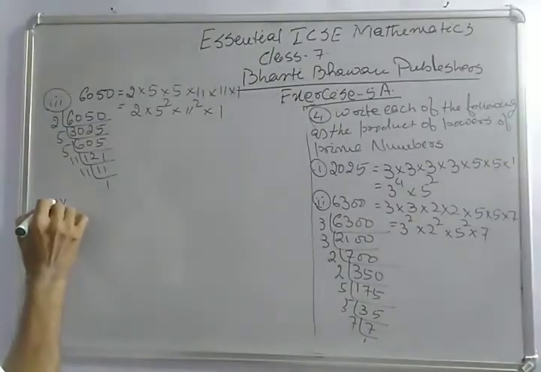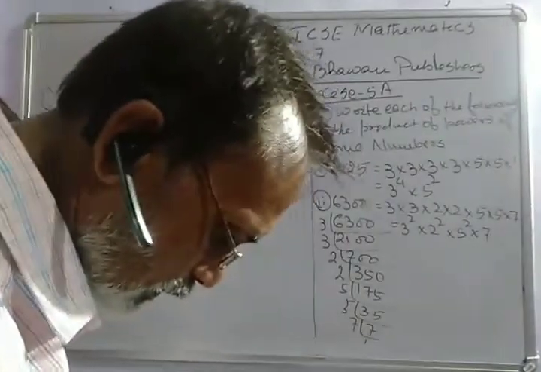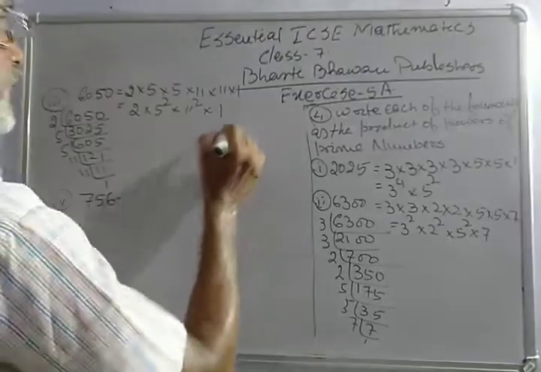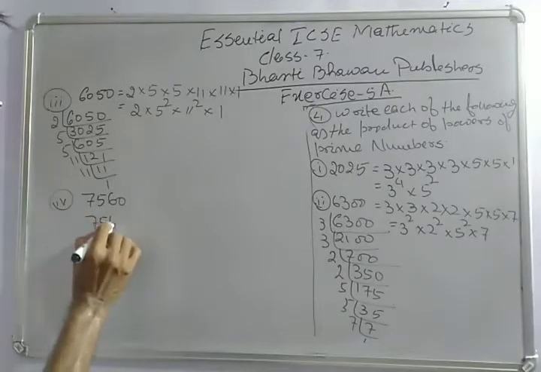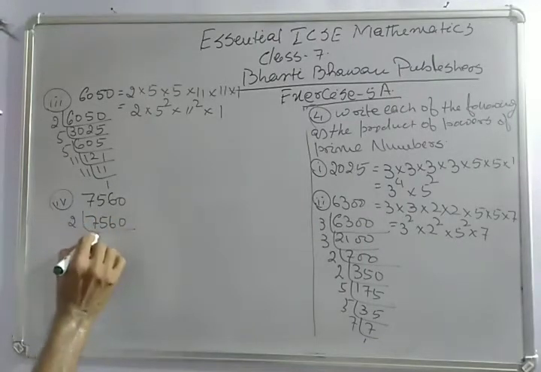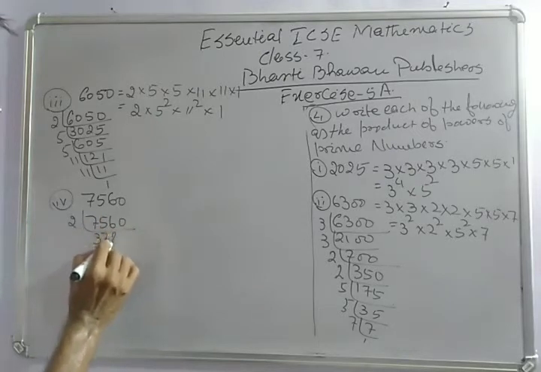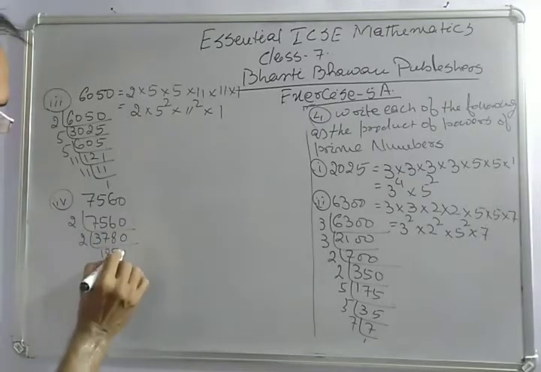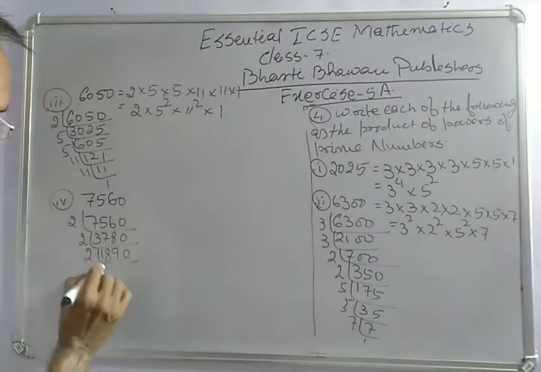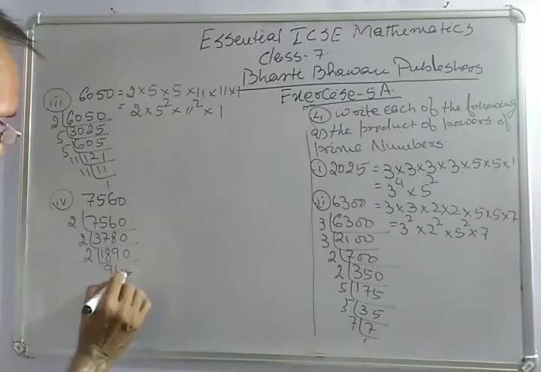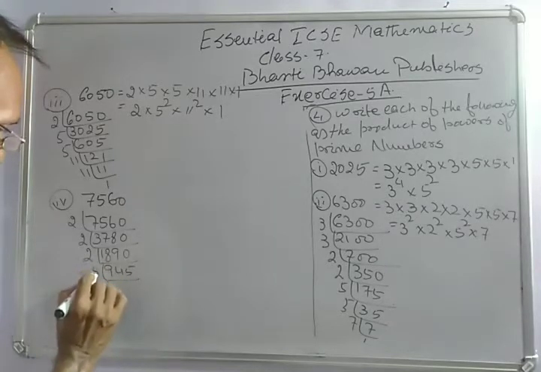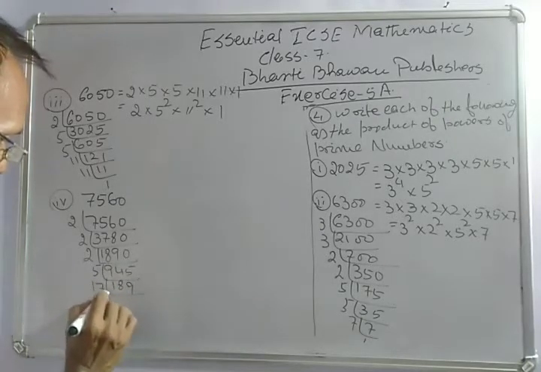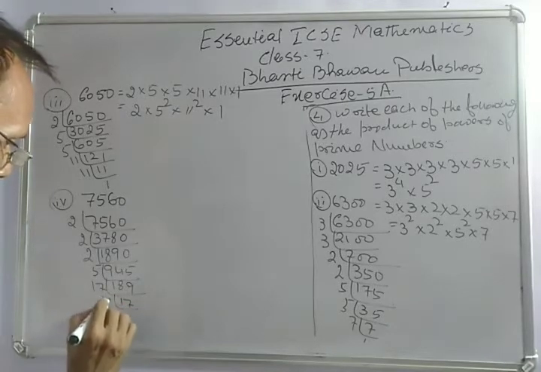Then the fourth one is 7560. If we find it out, 7560 divided by 2 is 3780, then 2 gives 1890, then 2 gives 945, then 5 gives 189, then 17 gives 17, then 17 gives 1.